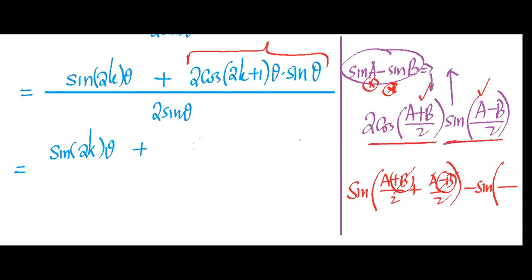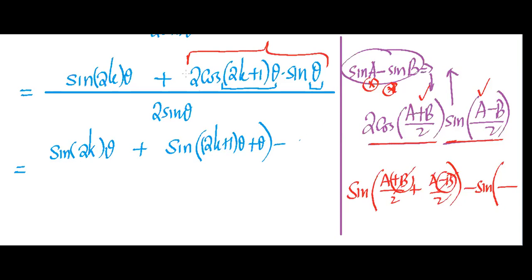So reversing, I will write sine of the two angles: 2k plus 1 theta plus theta, the angle here plus this angle, in sine.